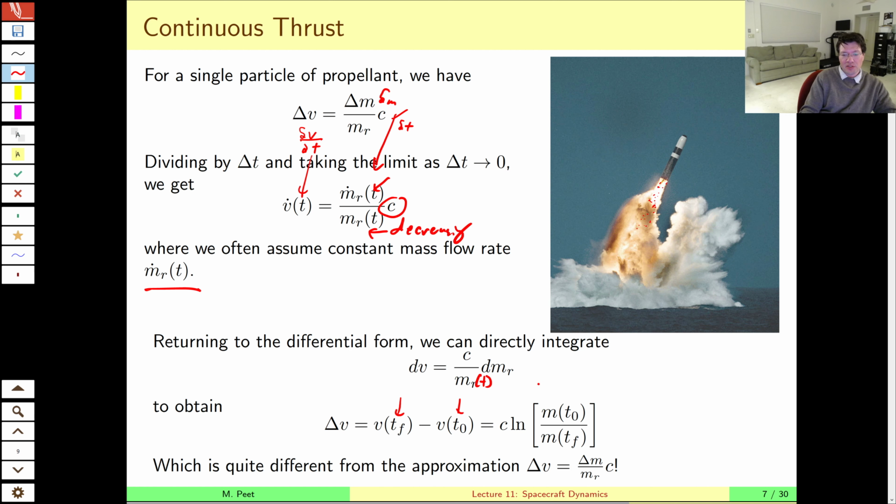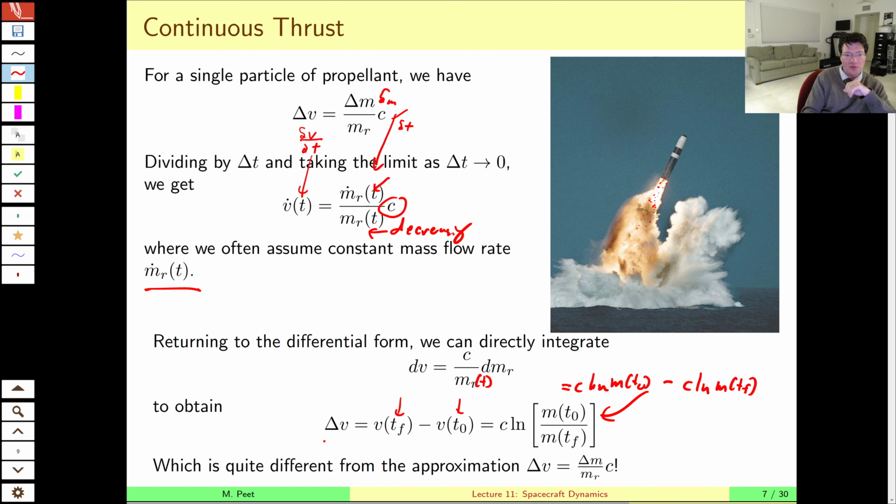And so we integrate it from initial time to final time, and that becomes c ln m(t0) minus c ln m(tf). Then using the property of natural logs, that becomes division inside the argument. So what we get here is essentially the rocket equation, assuming a constant mass flow rate.